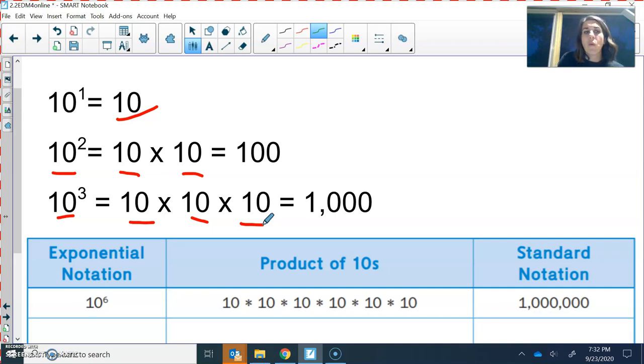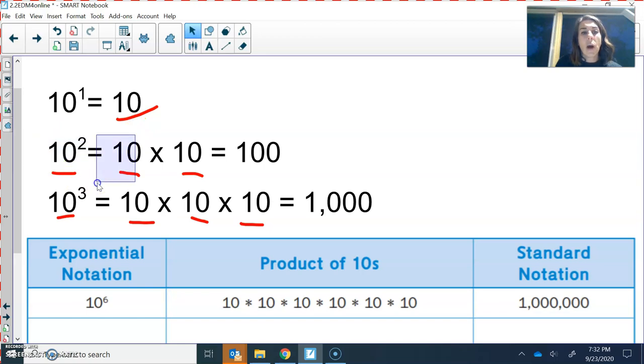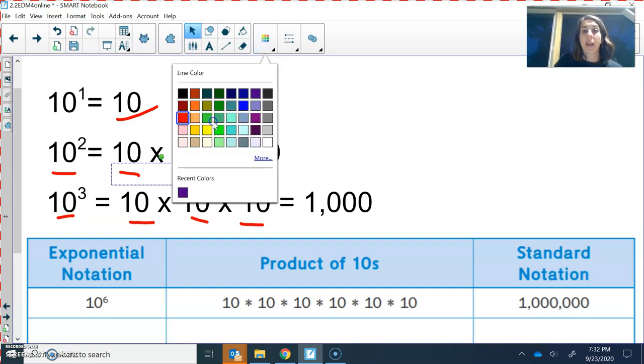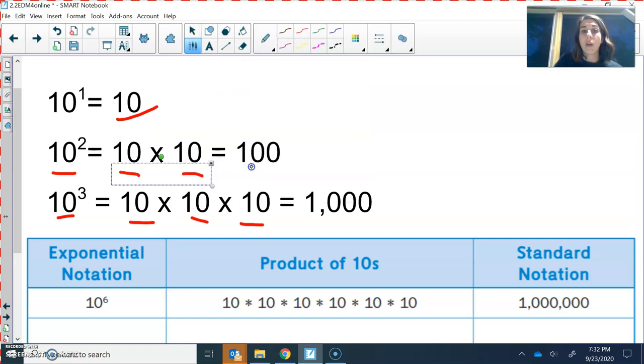And let's take notice here of the zeros at the end of our answers. How many times for 10 to the second power was 10 multiplied? That's right, 2. How many zeros do we have in our answer to the problem? Let's count them. We have 1, 2. 10 to the second power: multiply 10 2 times, 2 zeros in the answer.